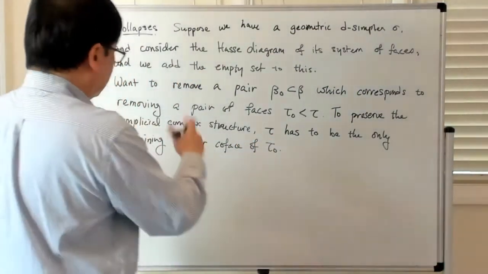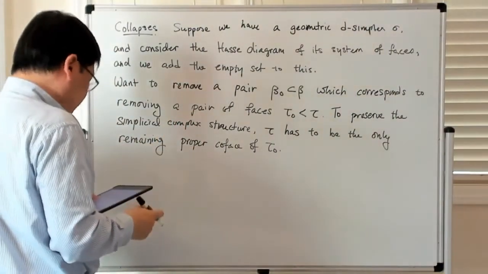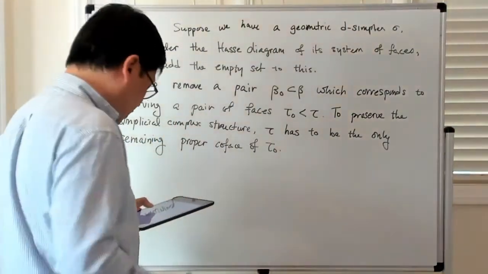Okay, so in any case, when you remove this, this is what is referred to as an elementary collapse.